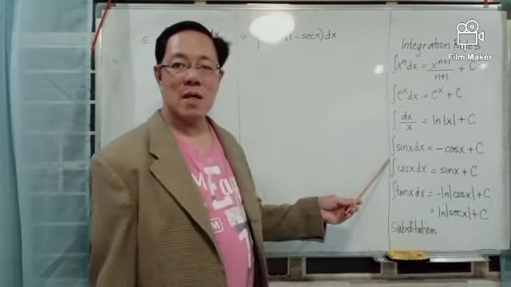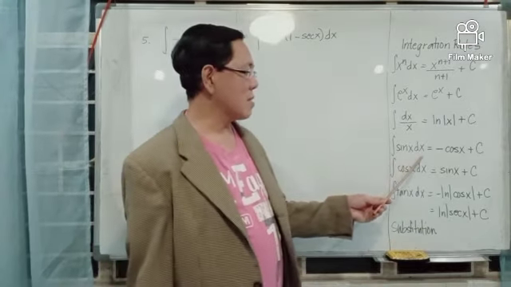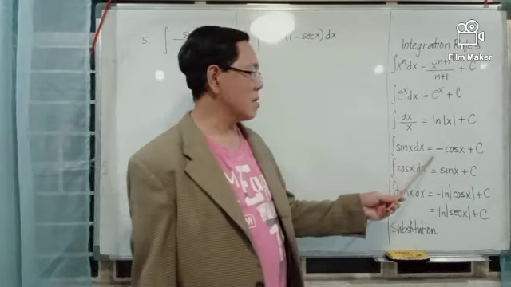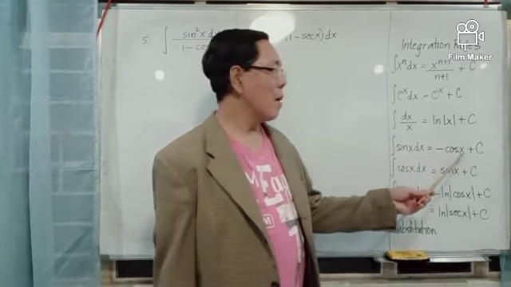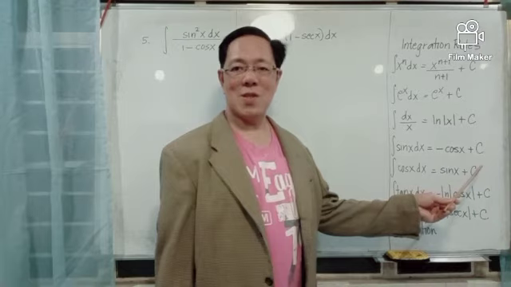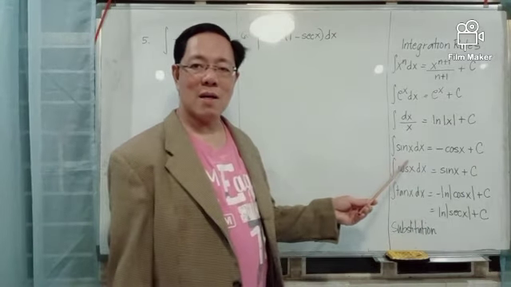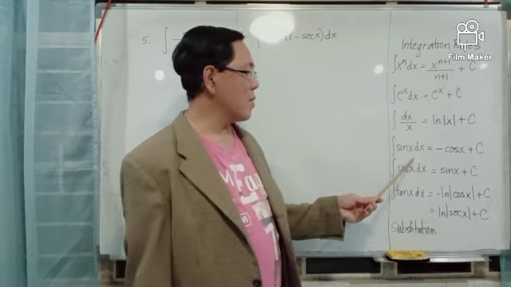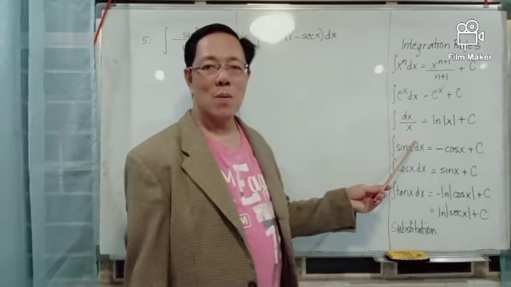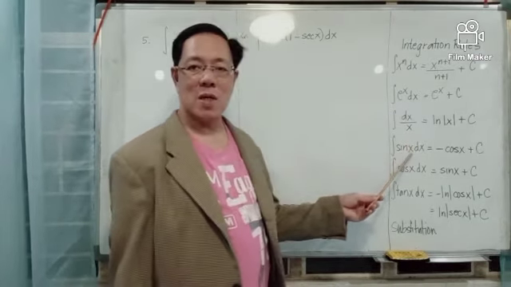Next, we have the integral of sine x with respect to x. The integral of sine x is negative cosine x plus a constant of integration c. In this integration rule, the angle x is a single variable with exponent 1 and numerical coefficient 1.